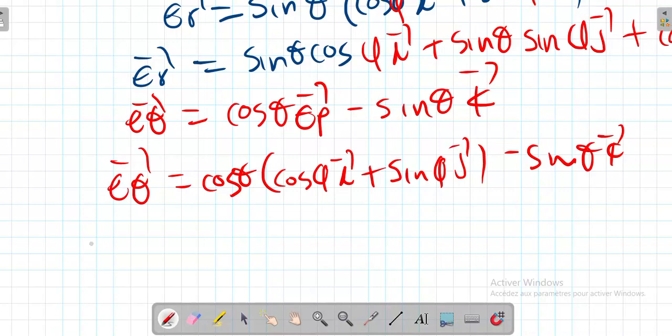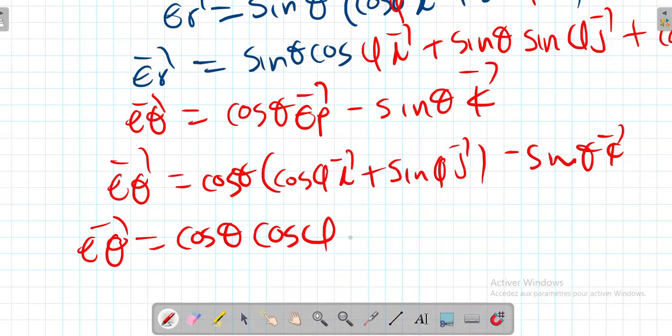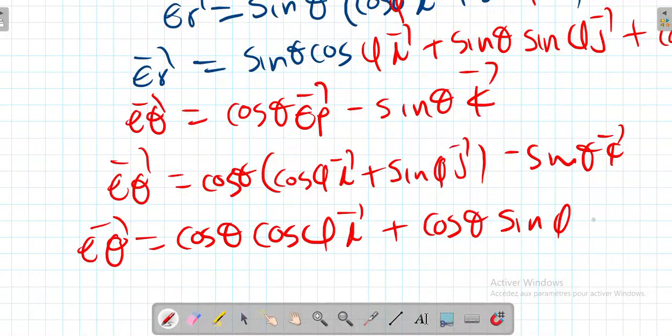So my E theta is going to be cos theta cos phi in the direction of E plus cos theta sine phi in the direction of G, then minus sine theta k.